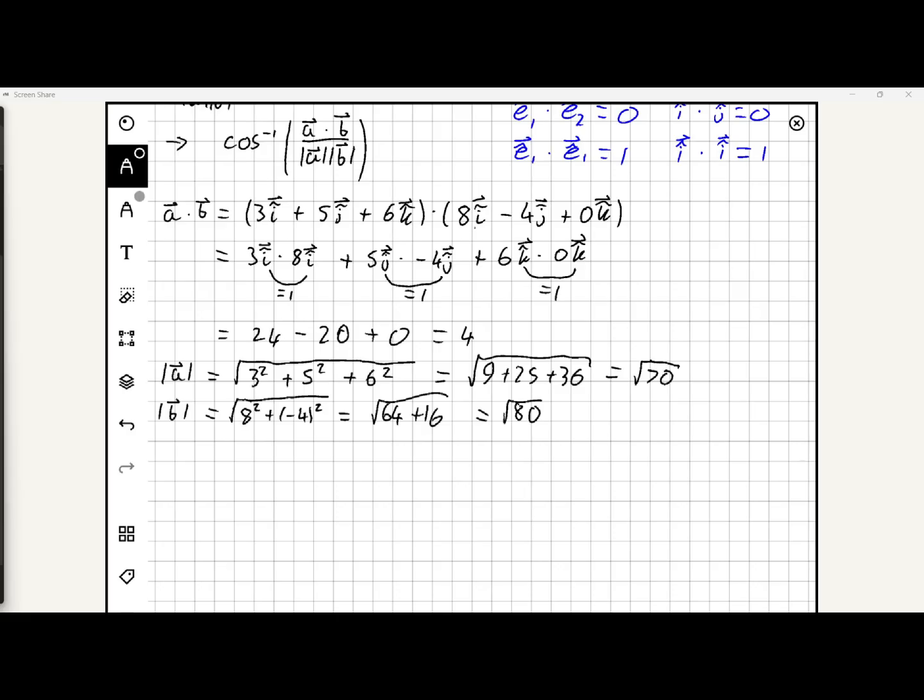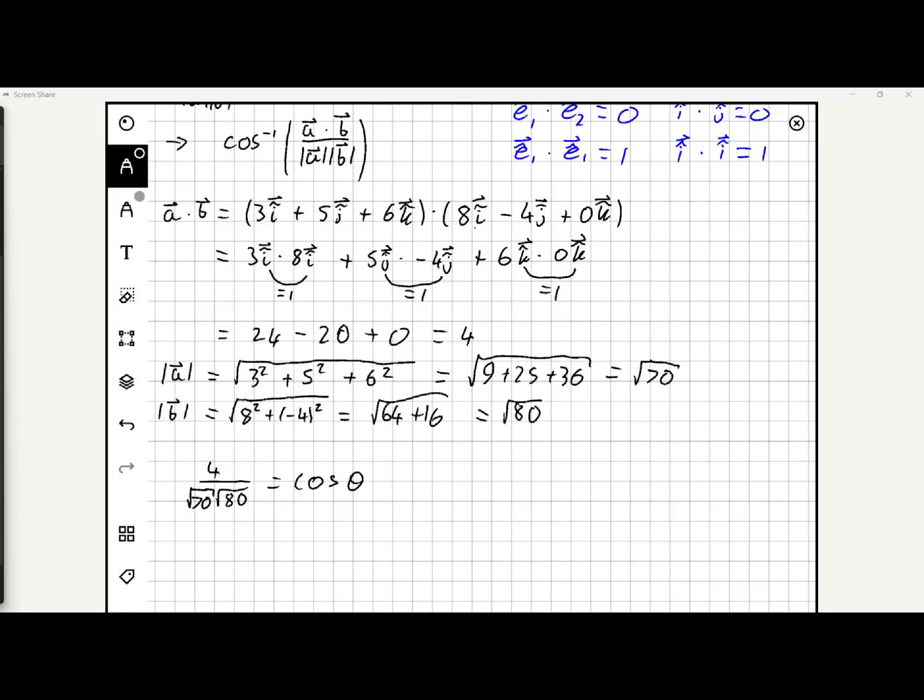So let's put a dot b over magnitude a times magnitude b. So a dot b is 4 divided by root 70 times root 80. That equals the cosine of theta.